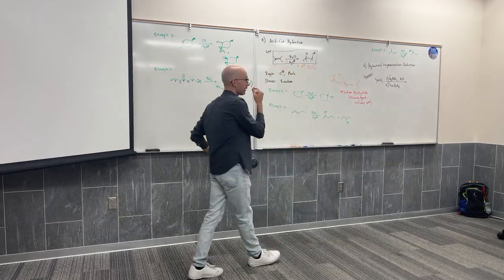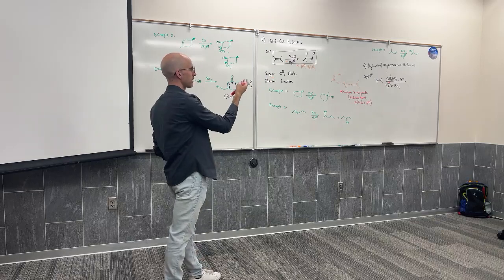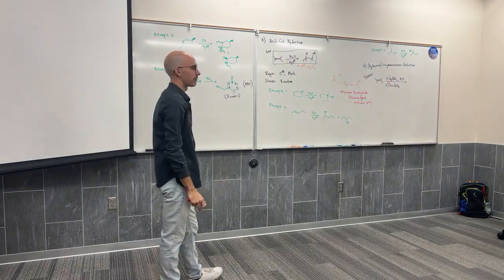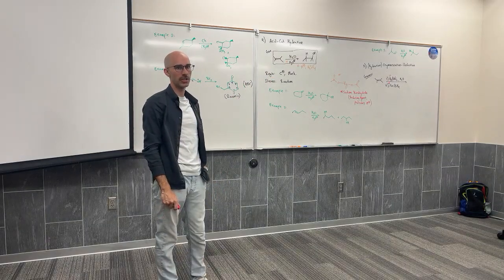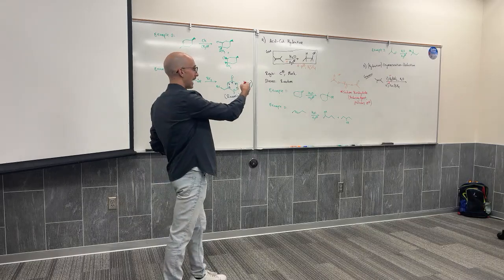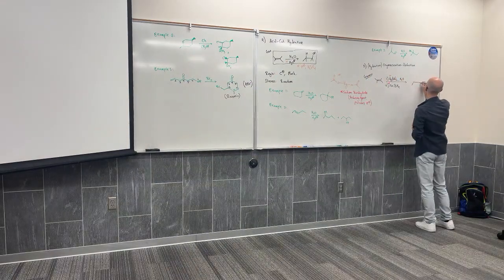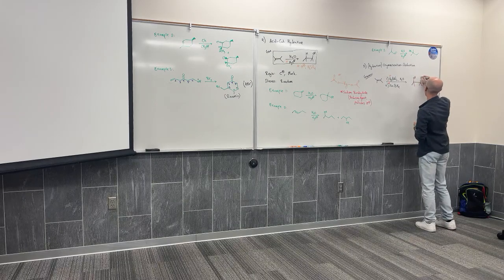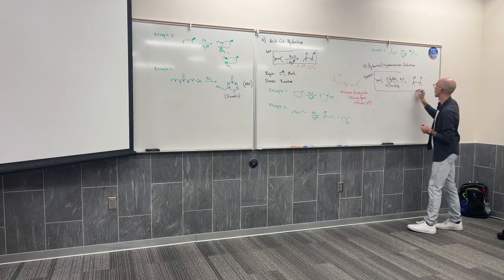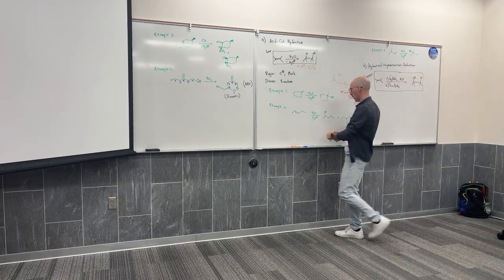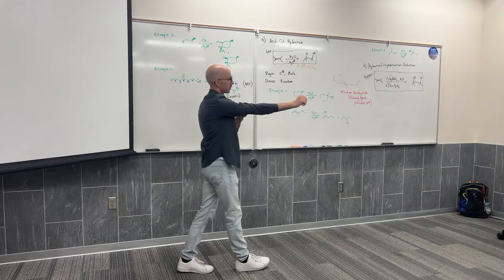Sodium borohydride does reduction because it is a reducing agent. It is the source of H minus. We're going to add H and OH. The H comes from the second step. The OH comes from the first step.